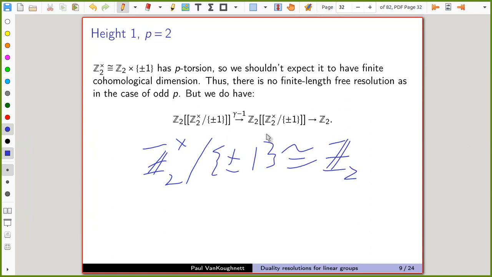And so we can do the same thing that we did earlier to construct a resolution that looks like this. So this is a resolution which is of finite length, and the modules in it are not free, but they're induced from finite subgroups, from this specific finite subgroup, this group of order 2, of Z_2 cross.